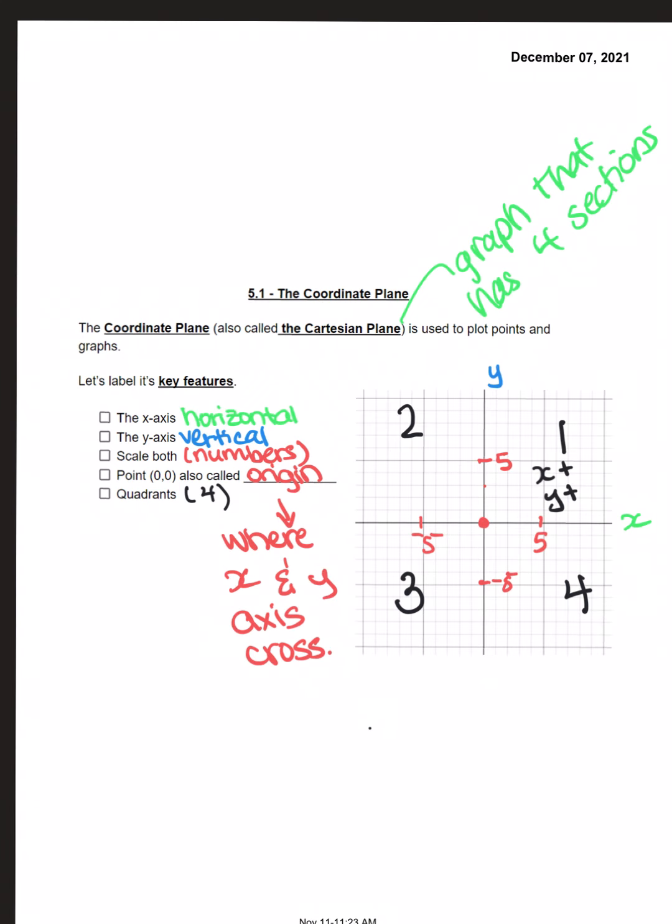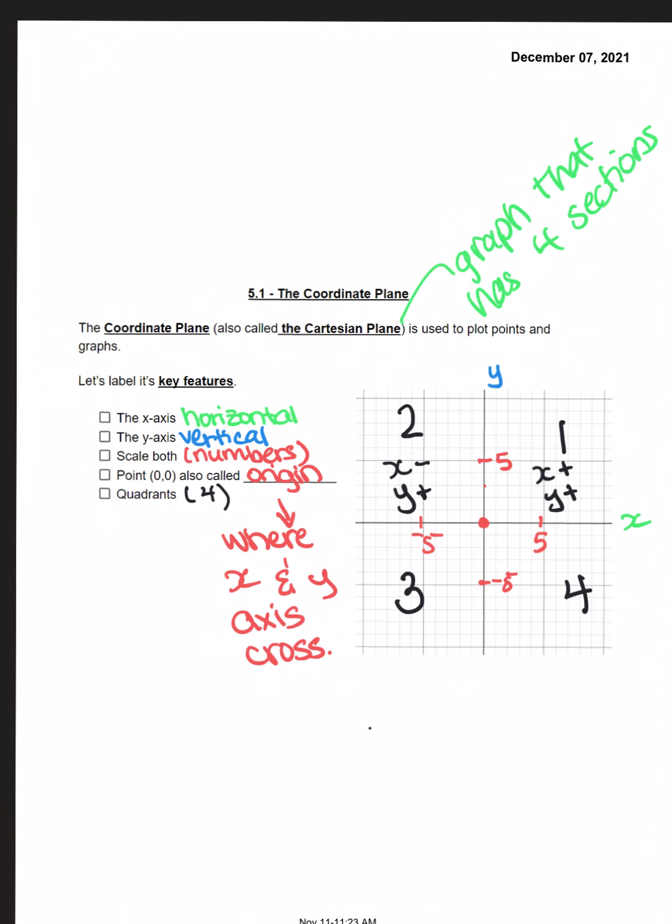In quadrant 2, I notice that my x, now I'm on the left-hand side, and I'm dealing with negatives here. I notice that that's negative 5 here. So my x is negative, but my y is still on the upside. It's still positive here. My numbers there are still positive. So I have negative x, but positive y.